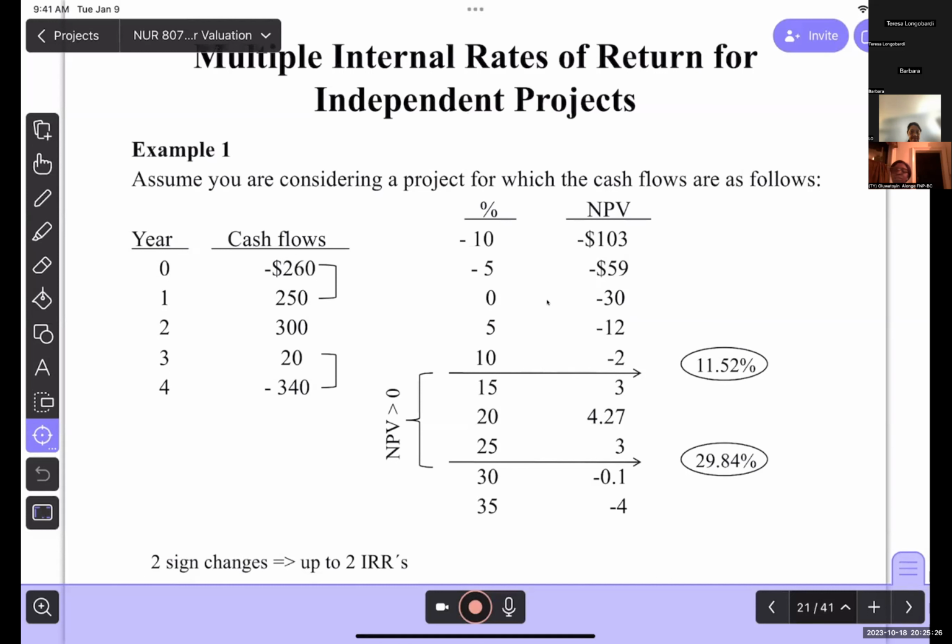It says I entered too many. We're using IRR, right? Yeah, we're doing IRR. And then we're grabbing the values, all of them. And then we're putting a guess. What's our guess? Well, look at the NPV profile.